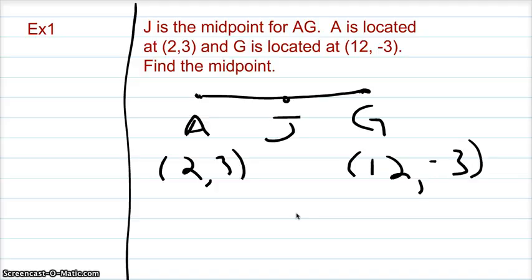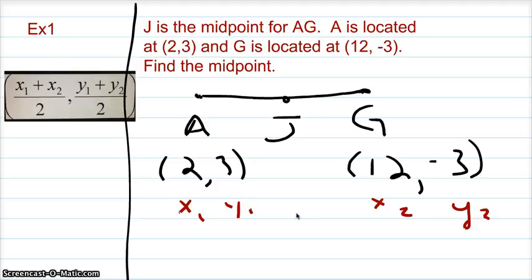Okay. My first step says that I am supposed to label my points. Since neither one of these is the midpoint, this would be my x1, y1, x2, y2. After I label my points, then I'm supposed to plug in the given information into that formula. So I'm going to bring the formula back up just for a second.